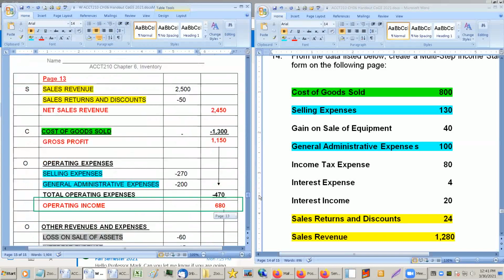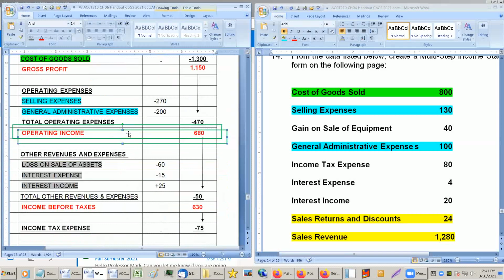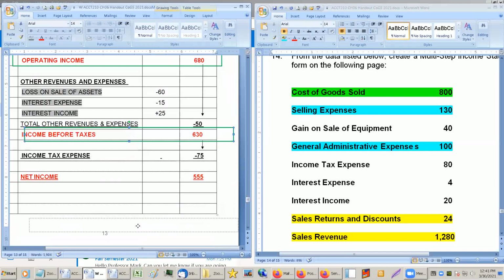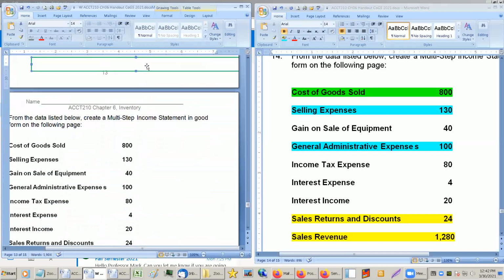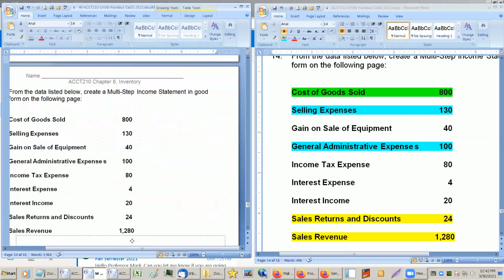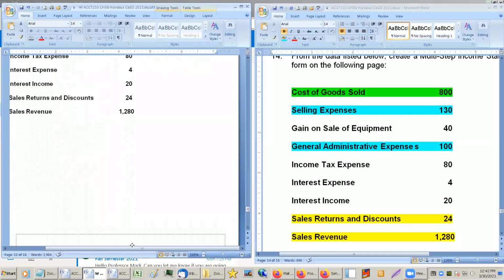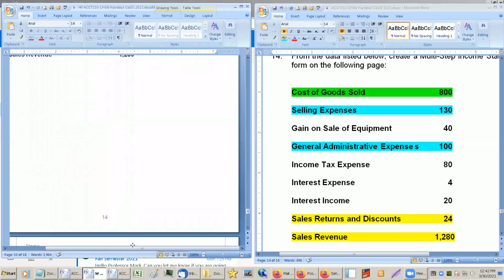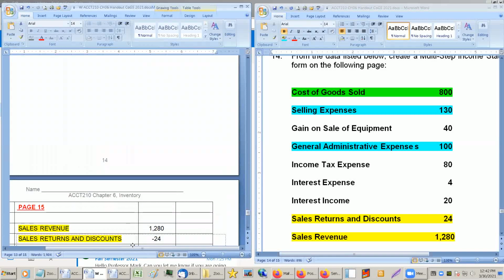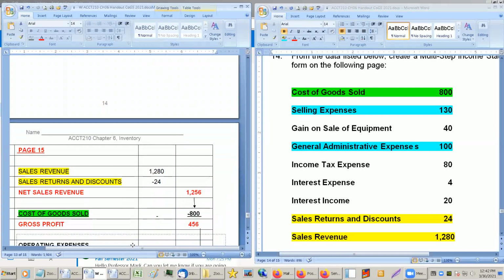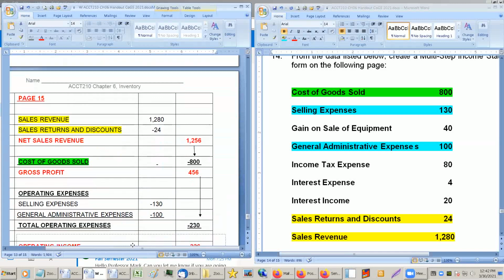Probably would have been a lot quicker just to make a new one.